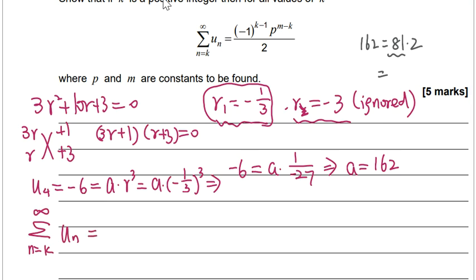We want to expand it a little bit. So the first term of this summation, you want to put all the terms together to have this summation. The summation can be expanded as uk plus u sub k plus 1 plus u sub k plus 2 all the way to u infinity.